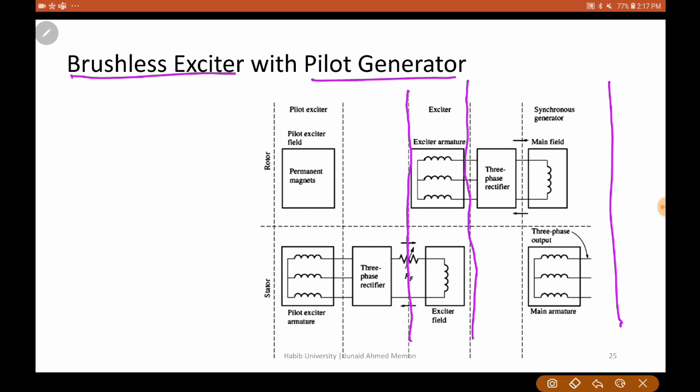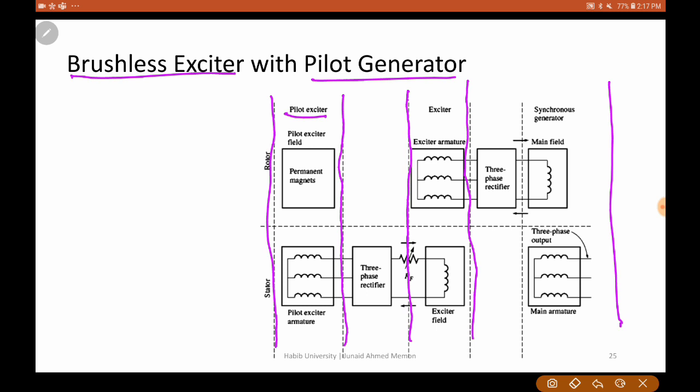Okay, now we have another generator, which is called the pilot exciter.